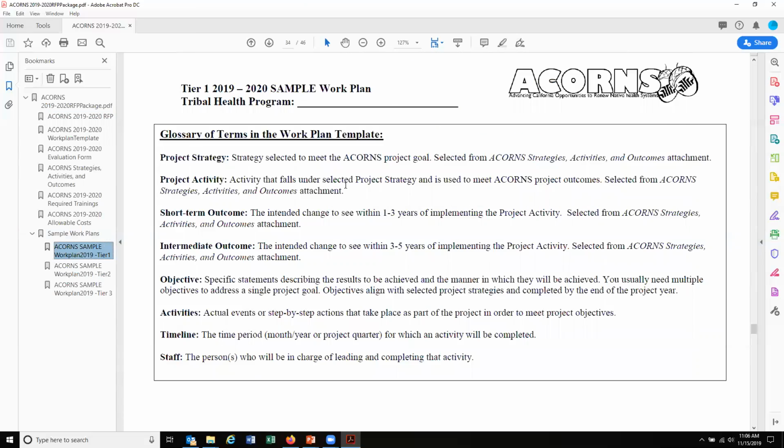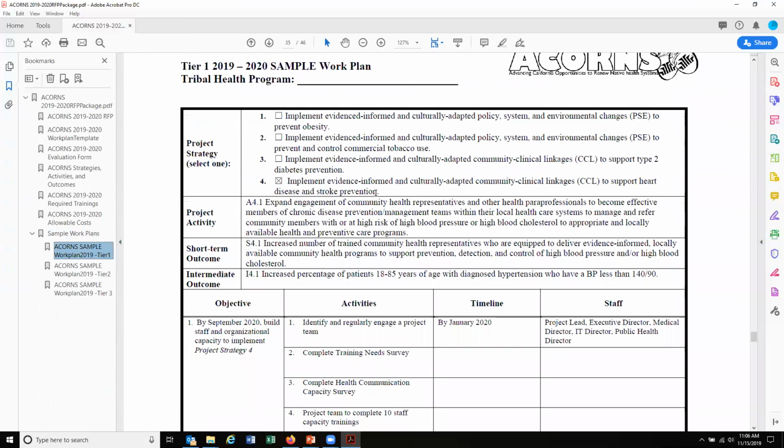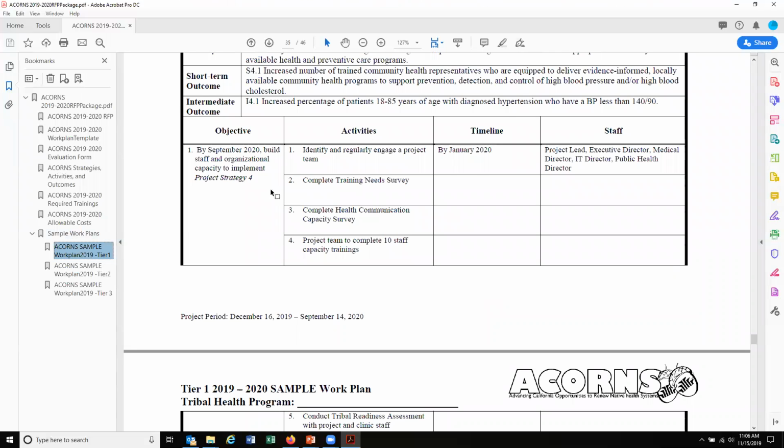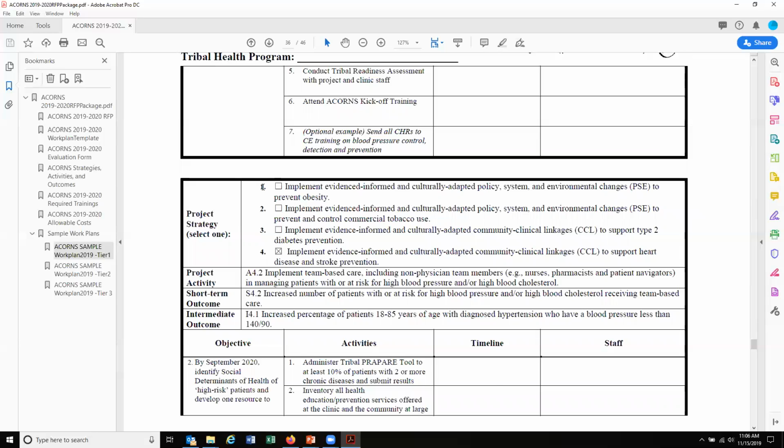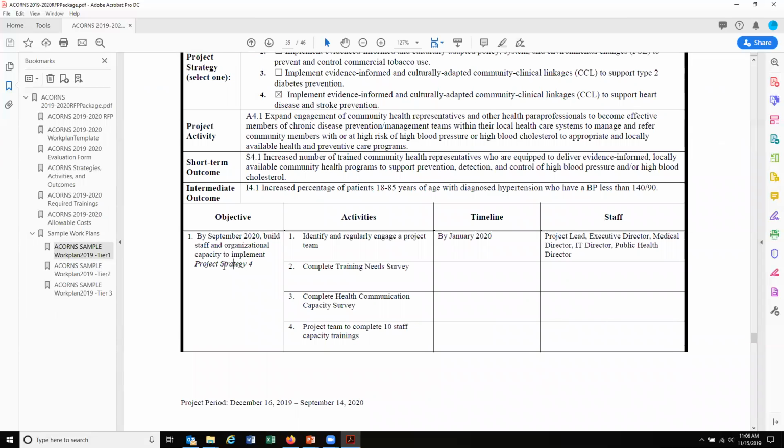So these sample work plans can be copied and pasted in a way that makes sense. Not to say that this is the only thing you need to submit. There will still be some tailoring, but it gives you a really specific example of how that objective could be written and how the activities are written, such as identify and regularly engage a project team, complete the training needs survey, and complete the health communication capacity survey. These things should sound familiar. They are all of the required activities that are listed in the RFP. So please feel free to use this example as your own work plan.